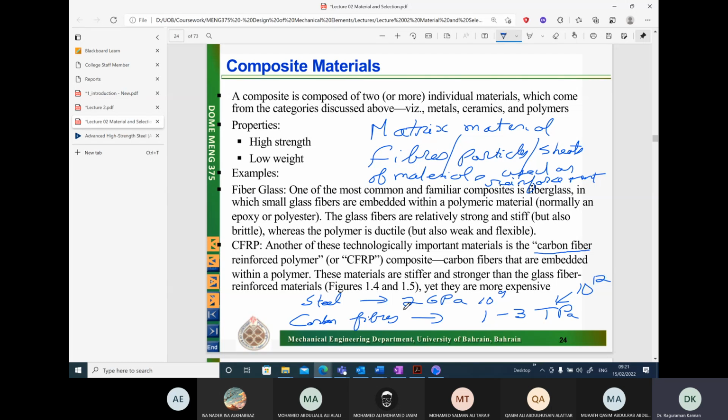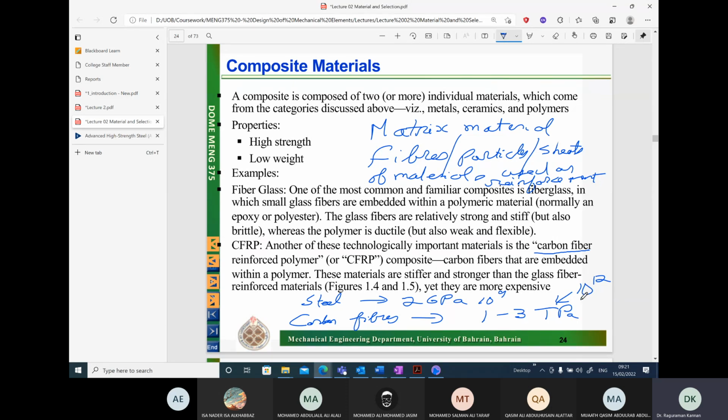Now we have seen that very advanced high strength steels have only 10 to the power 9. But when you take carbon fibers, it is 1000 times more. So in space applications, if you take your spaceships, the front part of the cone of the spaceship, you will see they are reinforced with carbon fibers.